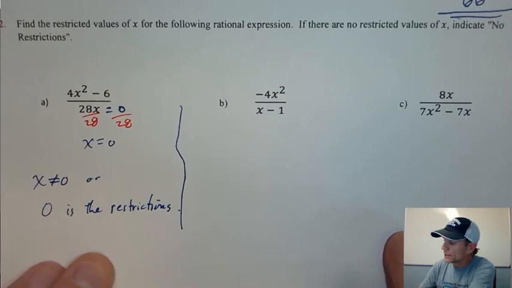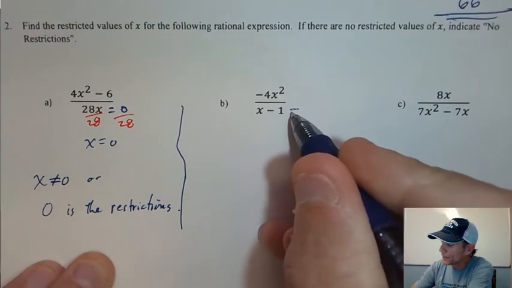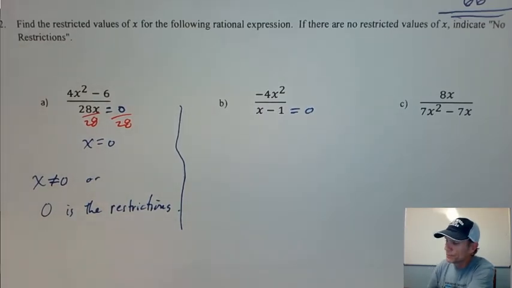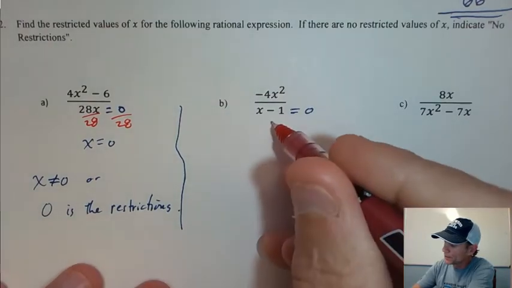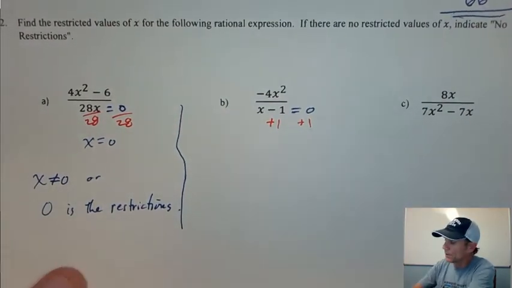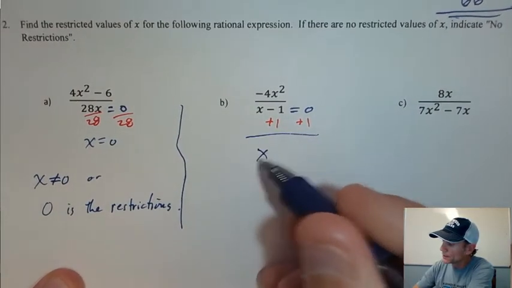So taking a look at the next one, we can just set the denominator equal to 0. And then we can add 1 to both sides, and you probably already are done with it by the time I change the color of my pen here. But I'll add 1, I get x equals 1.